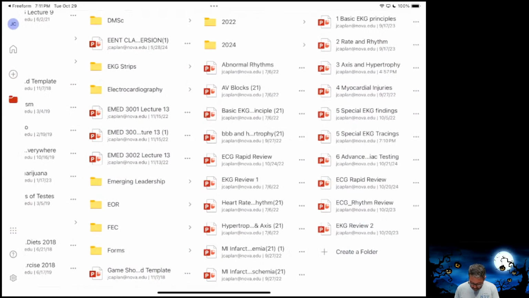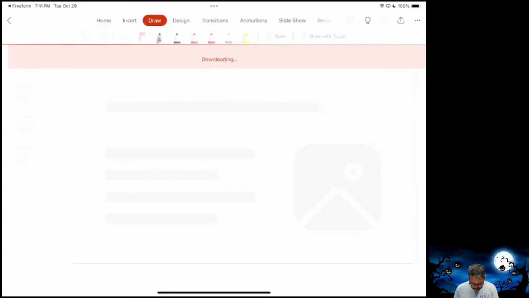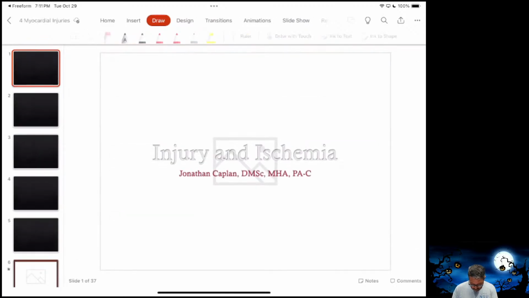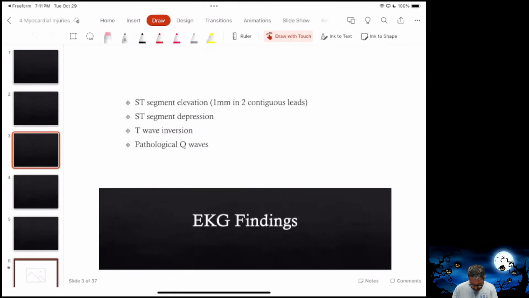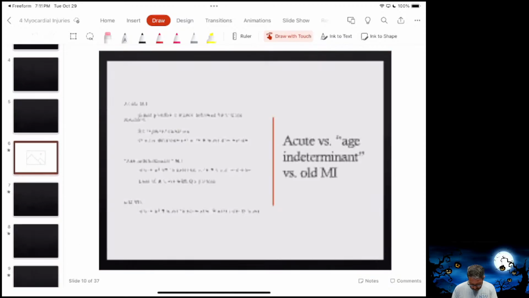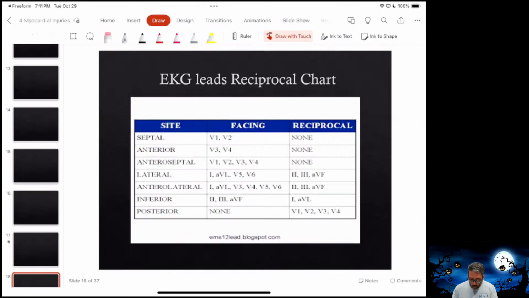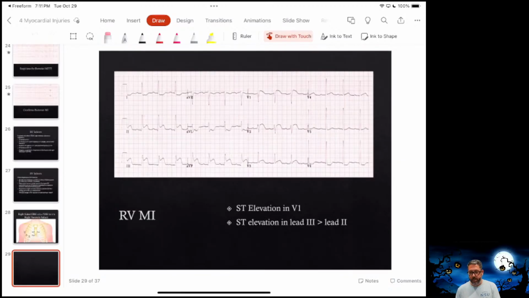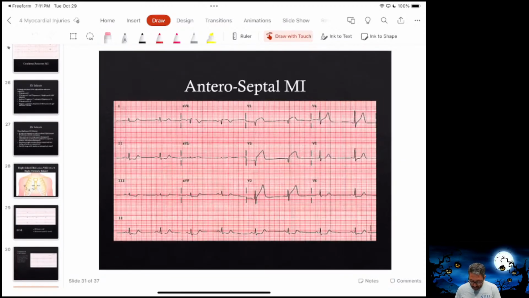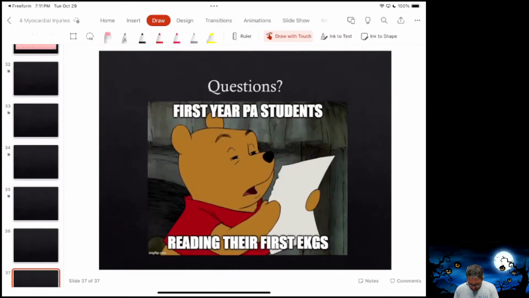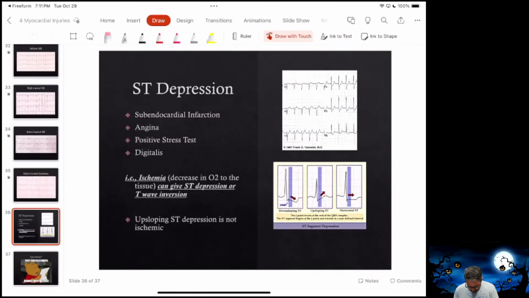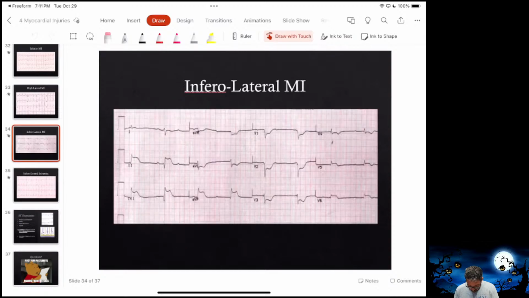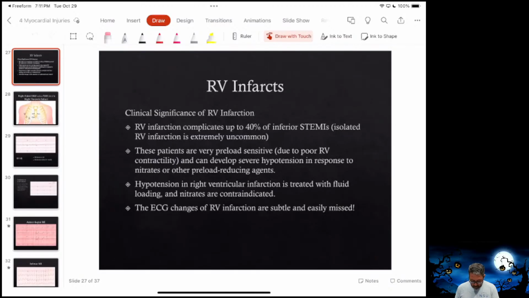Let me find the Scarbosa's criteria. Okay, all I want you to know for Scarbosa's criteria is why you would use it. So don't go crazy trying to memorize all that Scarbosa stuff.